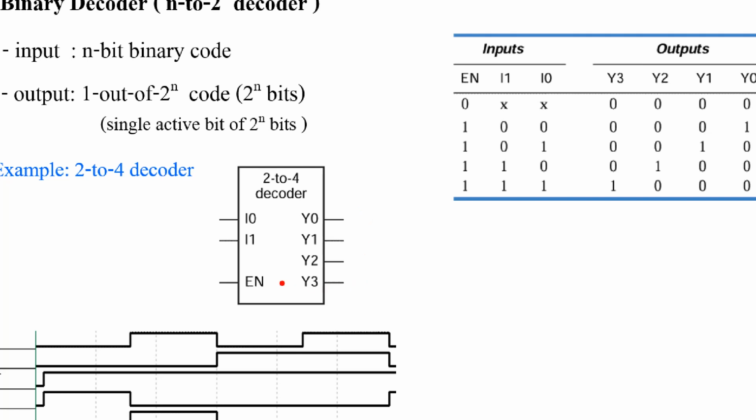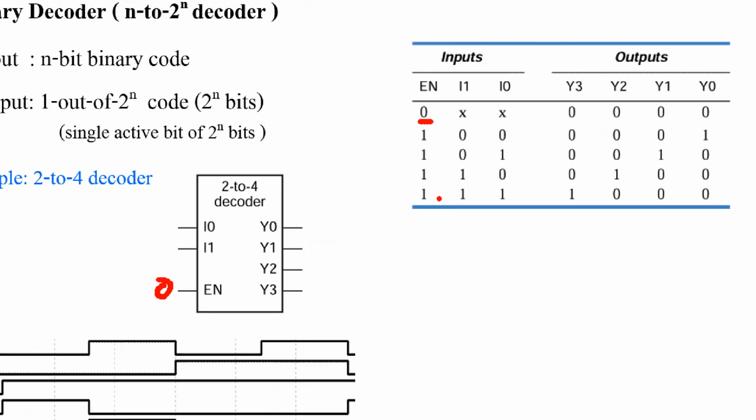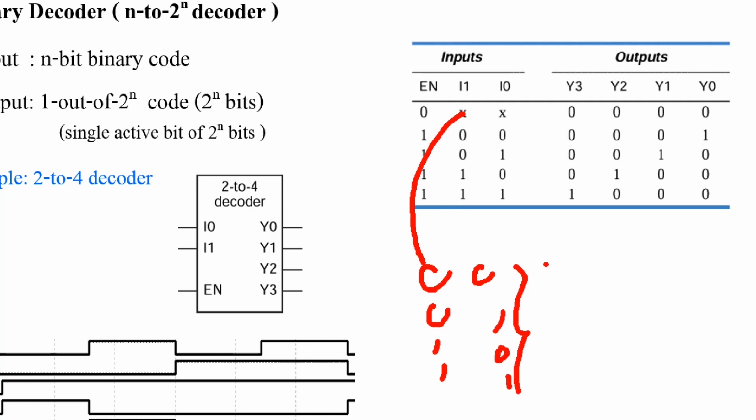At first, for enable, if enable is 0, the output will be all 0, not depending on the value of I1, I0. XX means it can be 0, 0, 0, 1, 1, 0, and 1, 1. Any value does not affect the result, giving the same result of 0, 0, 0, 0.